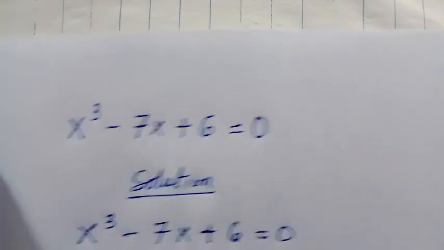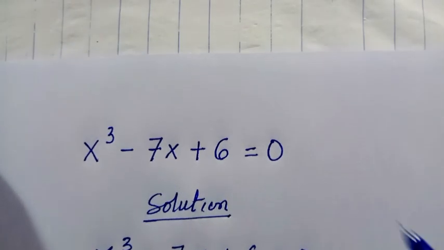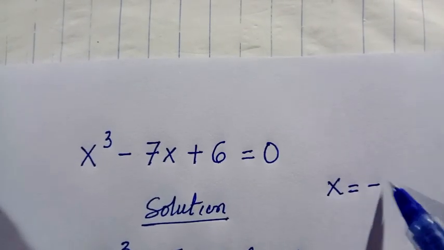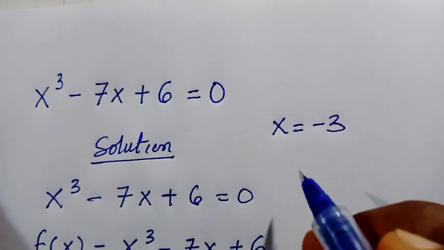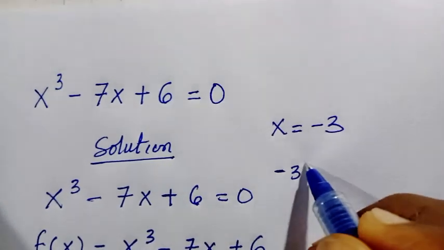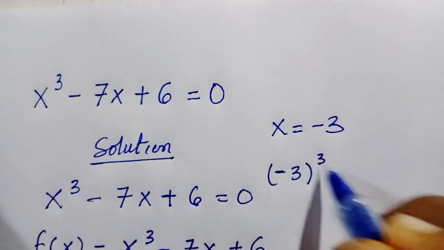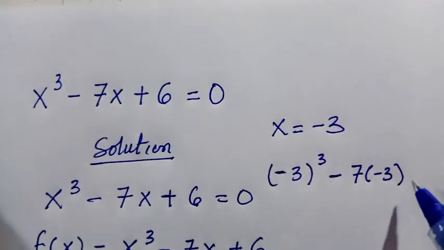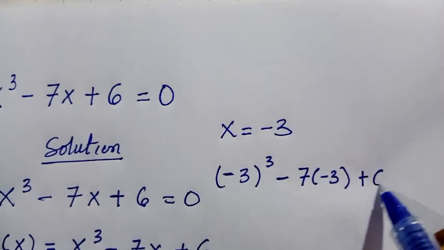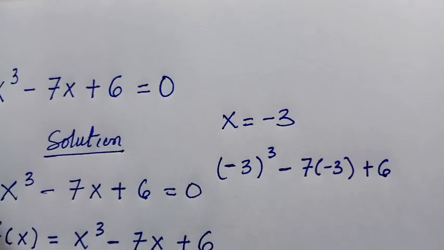Looking at this question, we have x cubed minus 7x plus 6. At x equals minus 3, by substituting, we have minus 3 raised to power 3 minus 7 into bracket of minus 3 plus 6. We want to check if this equals 0.